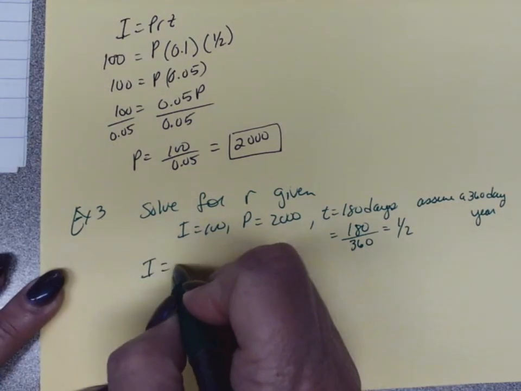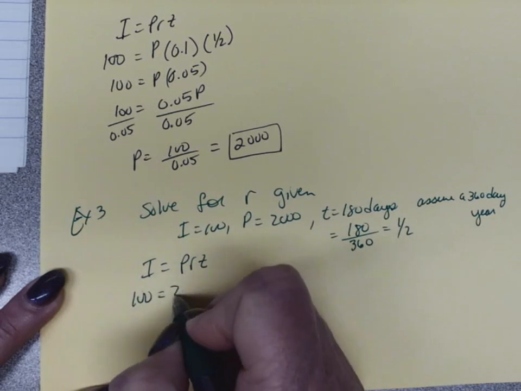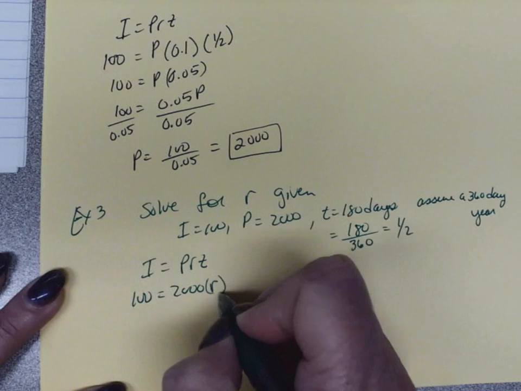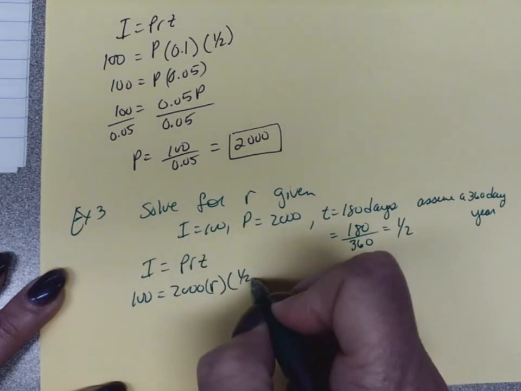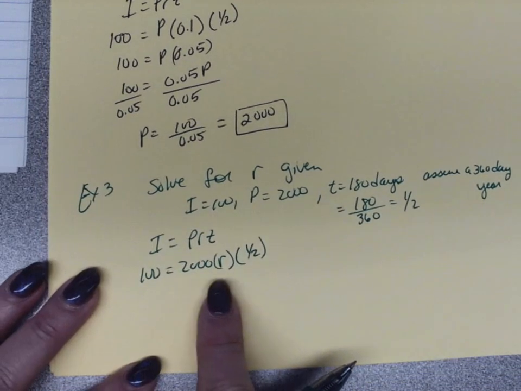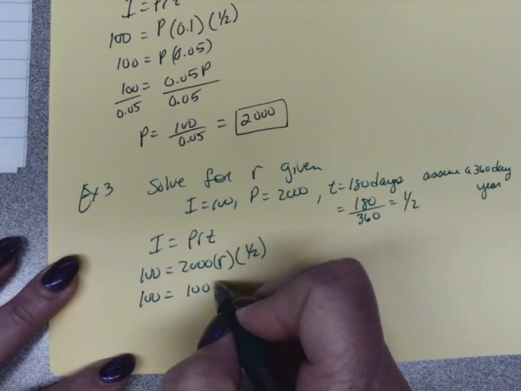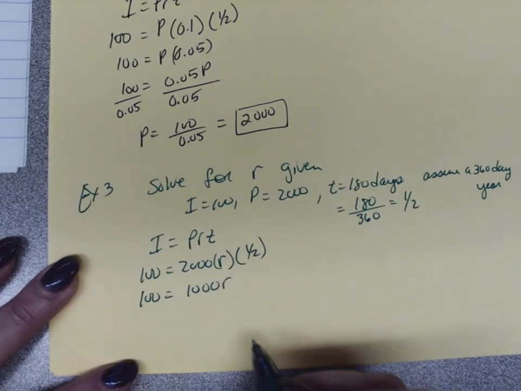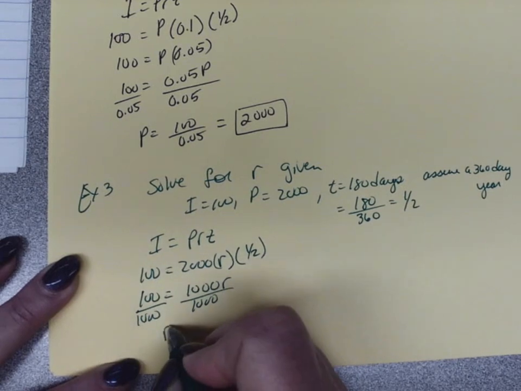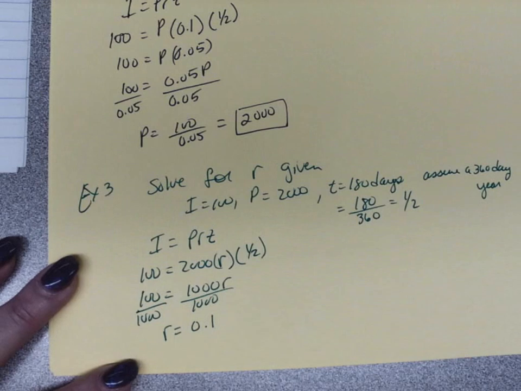All right, so I equals PRT. So 100 equals 2,000 R times my 1/2. Again, I'm going to multiply the 1/2 times 2,000, and I'm going to put it in front of my R. So that gets me 1,000 R. Divide by 1,000, and my R will be equal to 0.1.